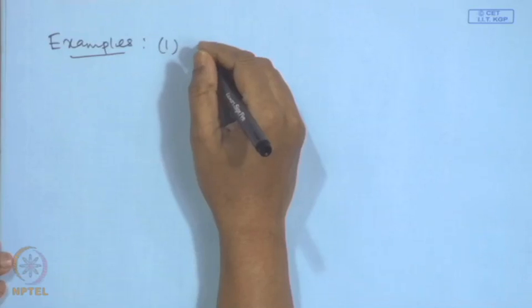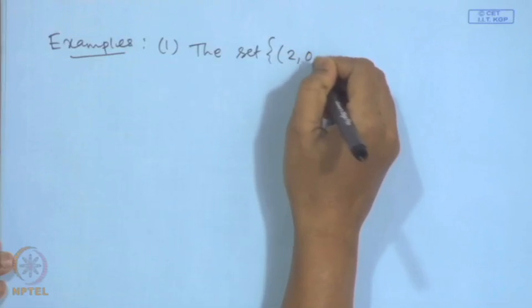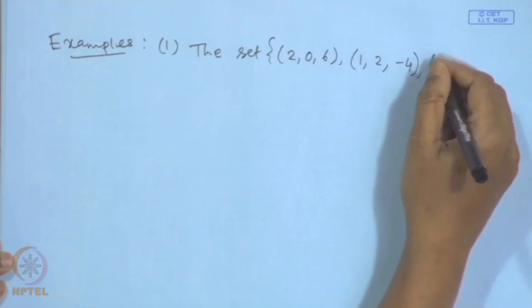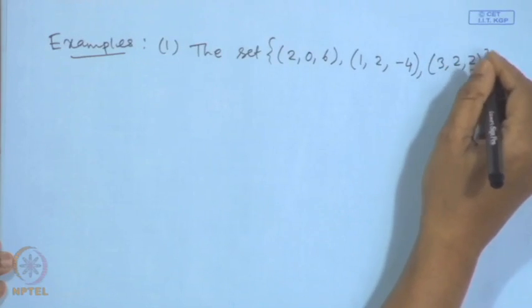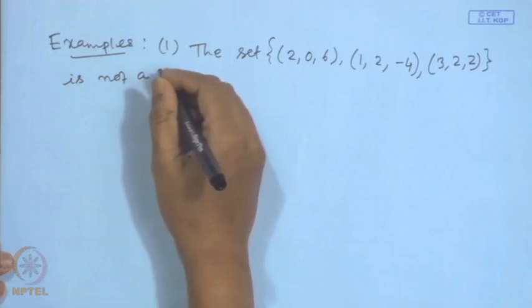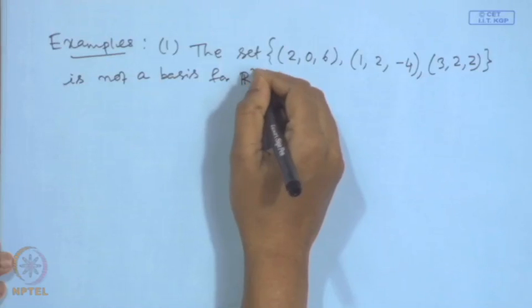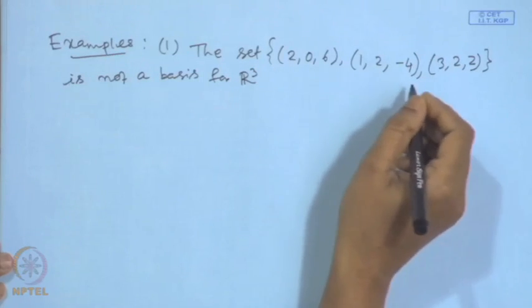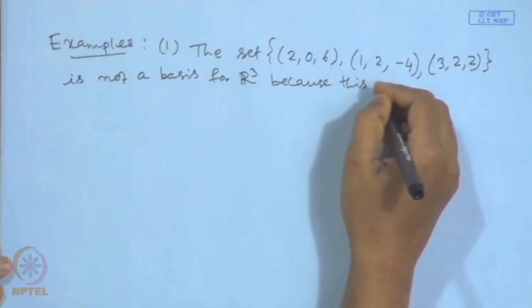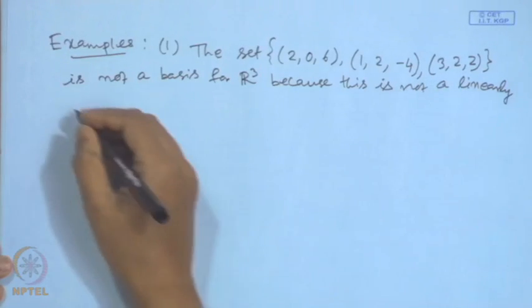This set consisting of vectors (2, 0, 6), (1, 2, -4), (3, 2, 2) is not a basis for R3, because this is not a linearly independent set.